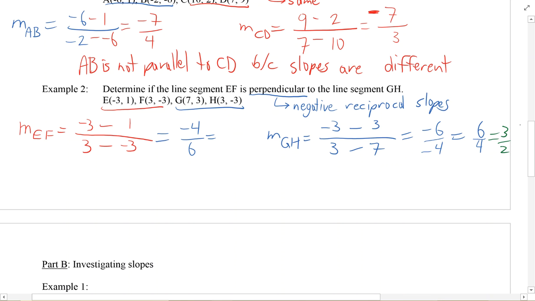So what can you tell me? Are these perpendicular lines? Yes. Why? Right. Okay, so we can say EF is perpendicular to GH because they have negative reciprocal slopes.